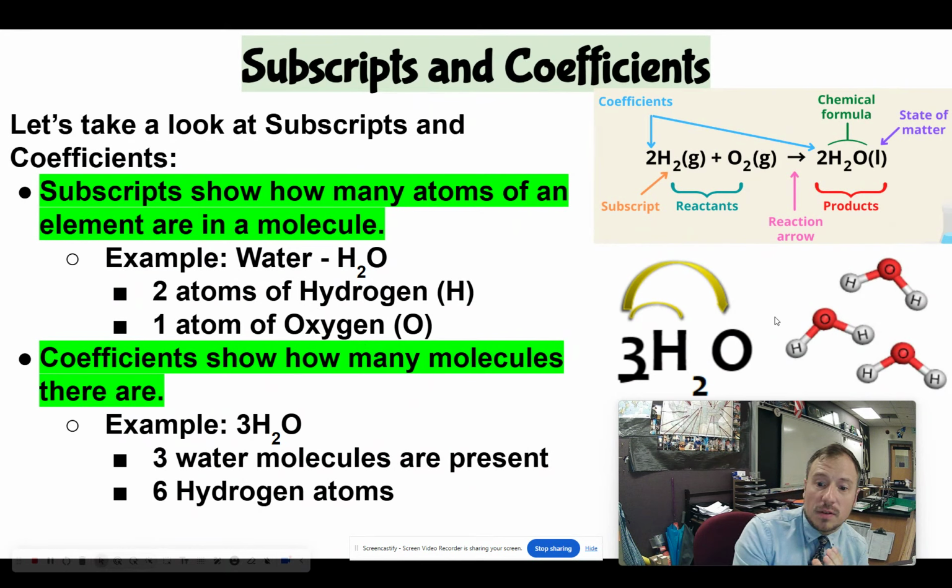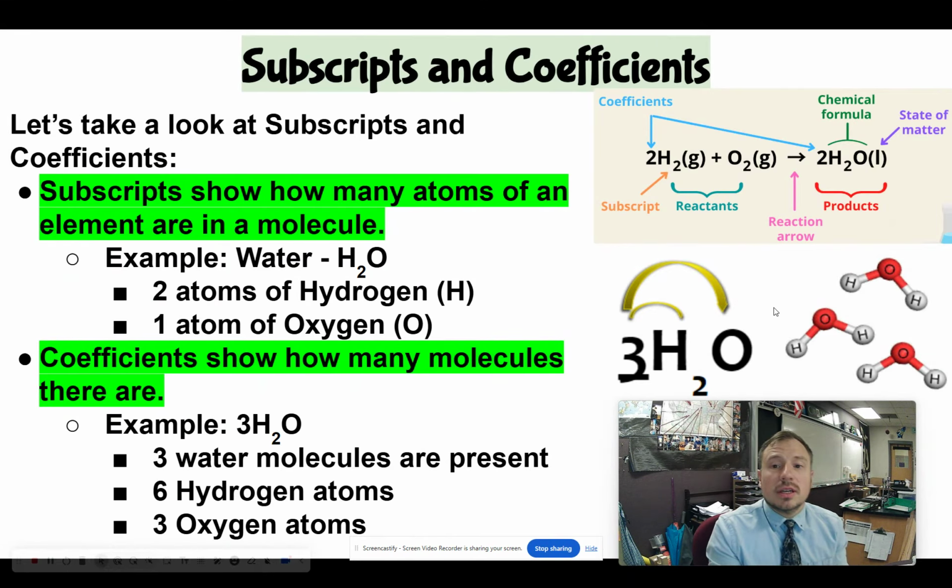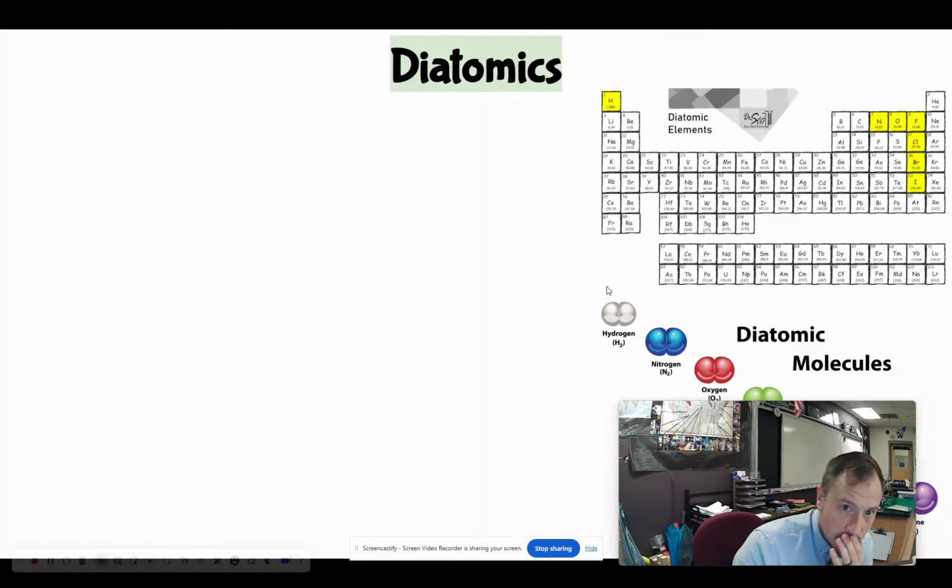And you can see I've drawn out the 3 water molecules, and you can count that out, 1, 2, 3, 4, 5, 6. If I were to ask about the oxygen, well, that's 3 times 1, that's 3 oxygen atoms. So that's how you can count the total number of those elements in each molecule. You multiply the coefficient by the subscript.